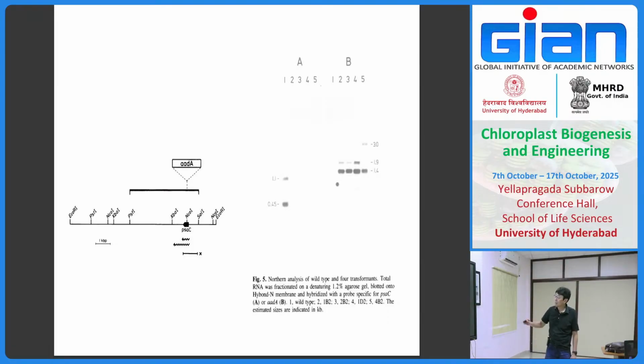And then we found an open reading frame downstream of psaC at that time, encoding a photosynthesis protein. The whole genome of chloroplasts had not been determined. So maybe if I come later, sometimes I will talk about this.